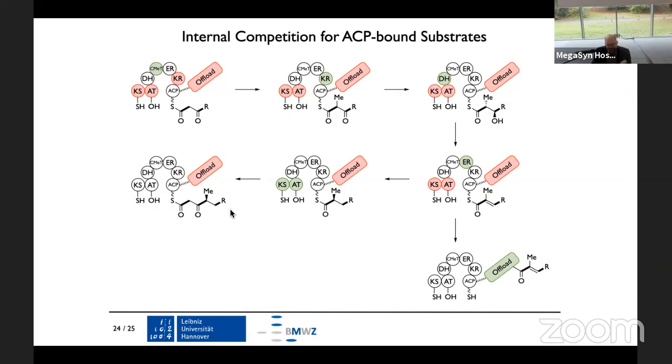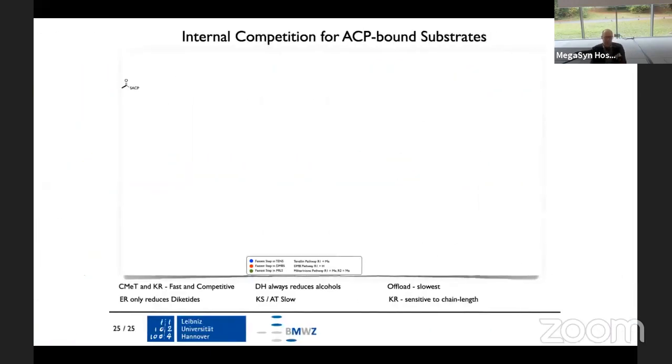And now, of course, the substrate is different, and so that competition is going to have different outcomes. So we think it's this internal competition which is happening at different points in the biosynthetic program, which is responsible for the overall program. And this is going to explain how the KR is involved in chain length programming.